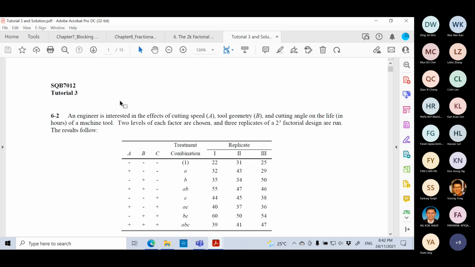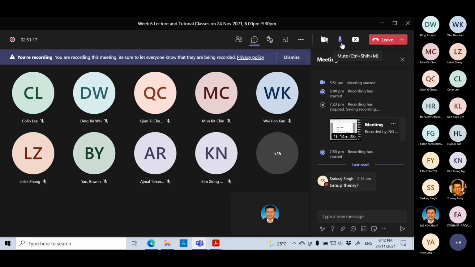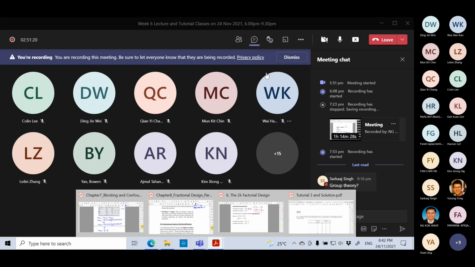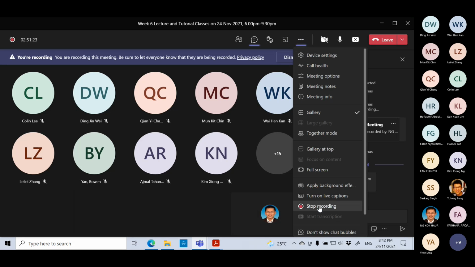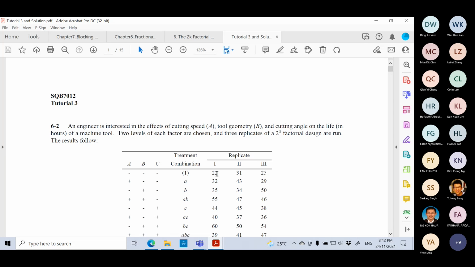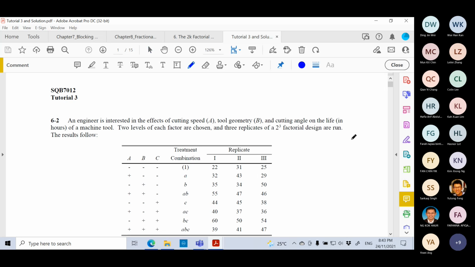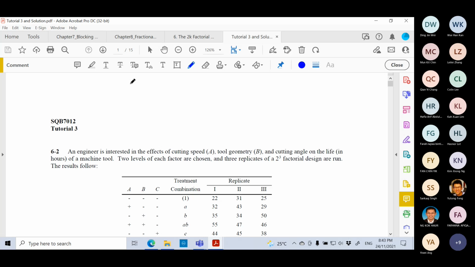Okay. So the important thing in the 2 power of k design, what you need to learn, is that you need to be able to calculate the effects, based on the contrast divided by n times 2 power of k minus 1.